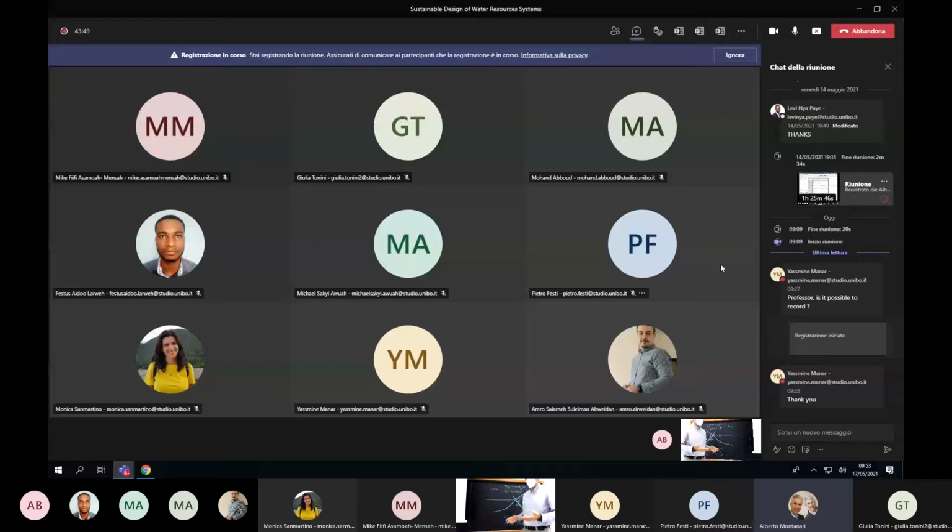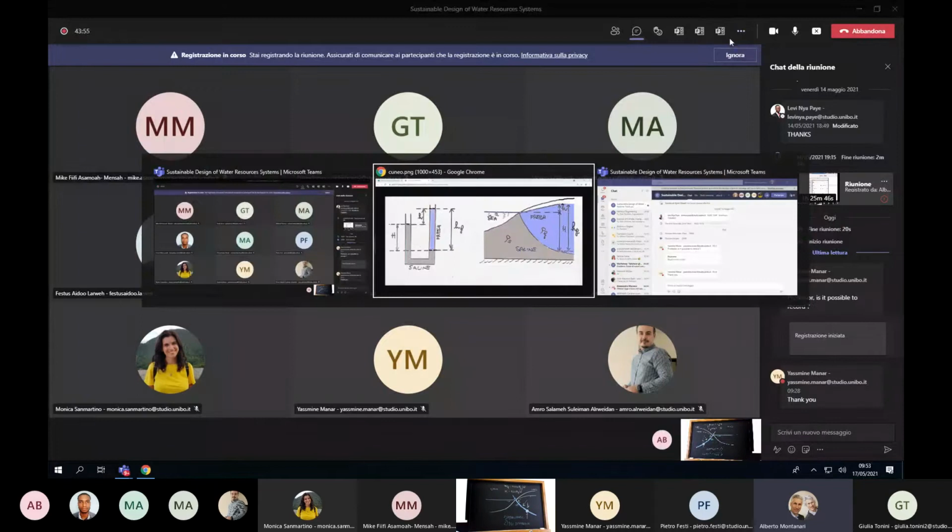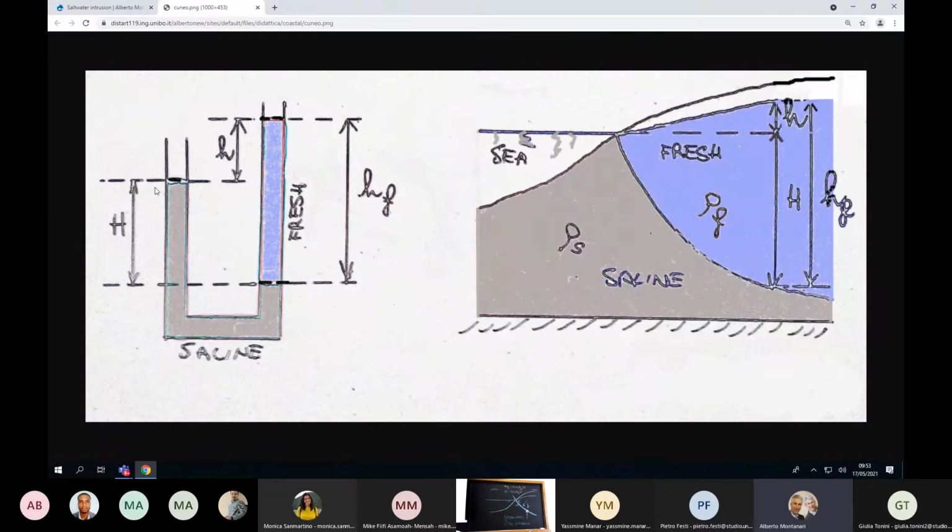And let me refer to the figure that you see here on the left. Now, on the left, here it's a simplified scheme, but the problem is precisely the same. What do you see on the left? You see that you have salt water or saline water in gray, and let's suppose that this U is a U pipe, okay?